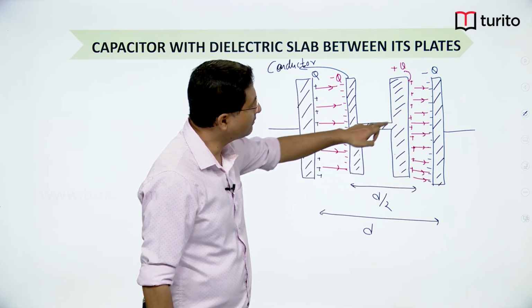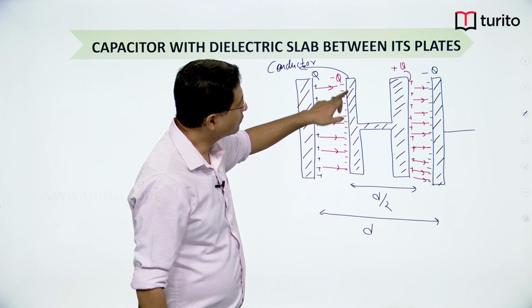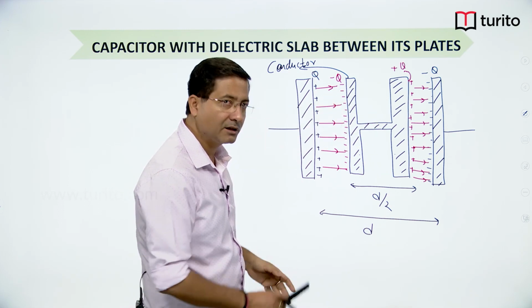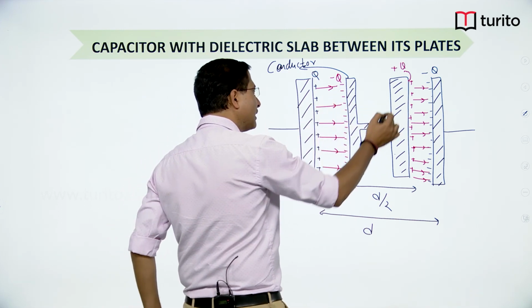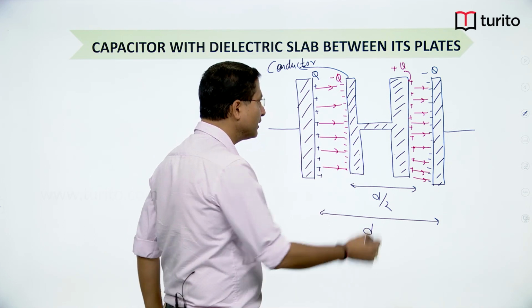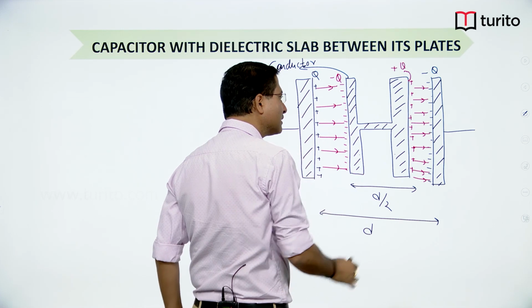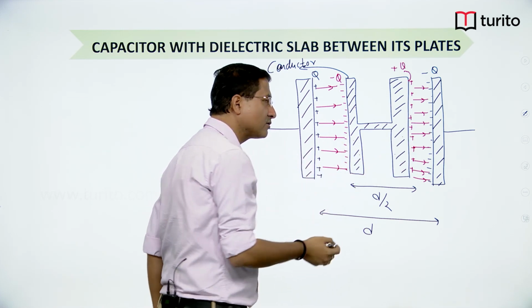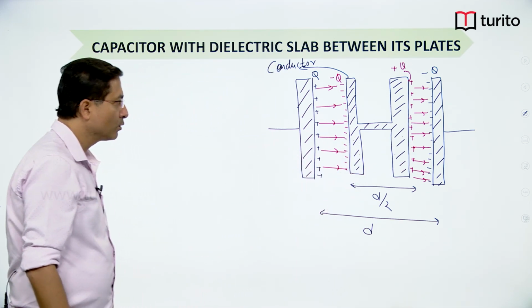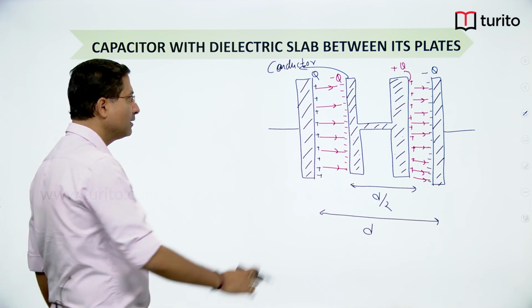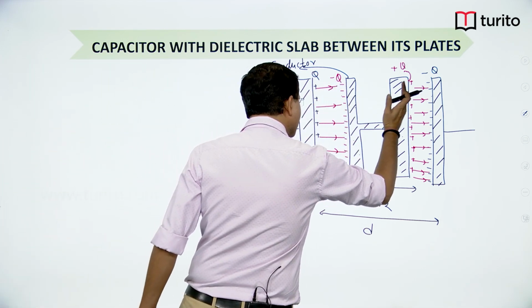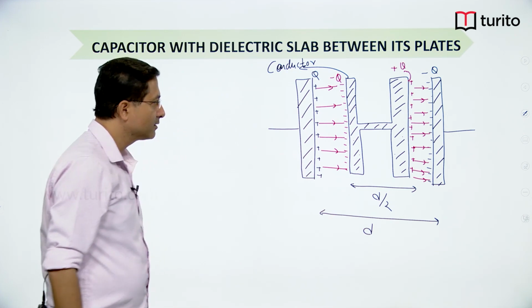This whole conductor will be at the same potential. If this whole conductor is at the same potential, this point and this point are at the same potential, there should not be electric field in this region. So, there is no electric field in this region, and inside the conductor also there is no field. So, there is no field from this point to this point, everywhere it will be 0.